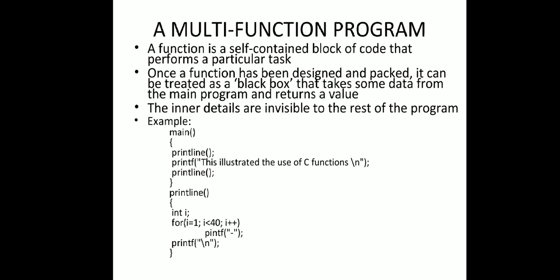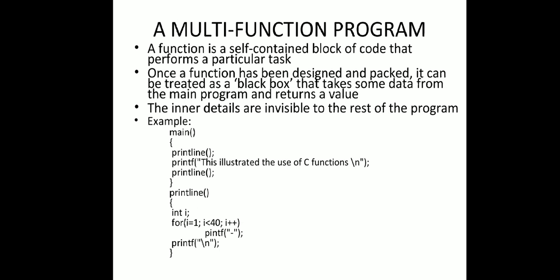The next concept is multifunction program. A function is a self-contained block of code that performs a particular task. So a function is nothing but a self-contained block of code that performs a particular task. Each and every function is designed to do some particular task.